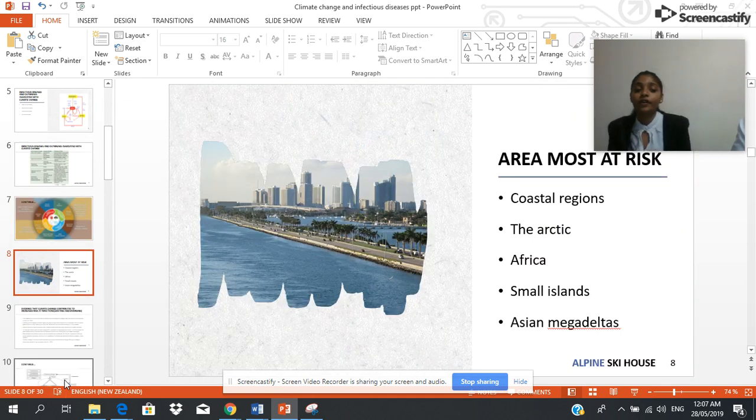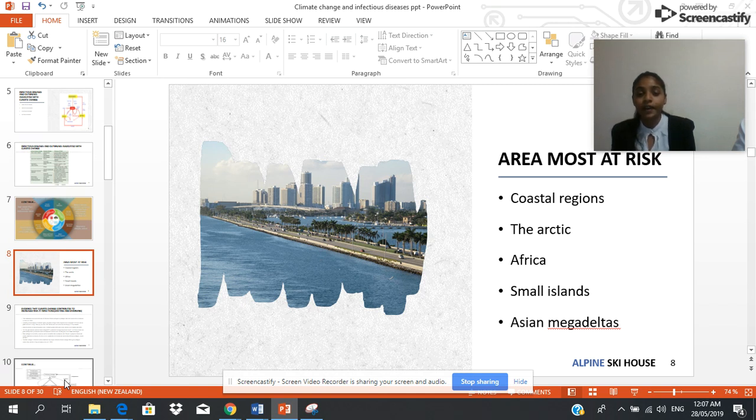Now we are going to look at the areas most at risk because of climate change. As we discussed before, increasing global temperature can directly lead to glaciers shrinking and sea levels rising. Because of that, it directly affects coastal regions as well as small islands.